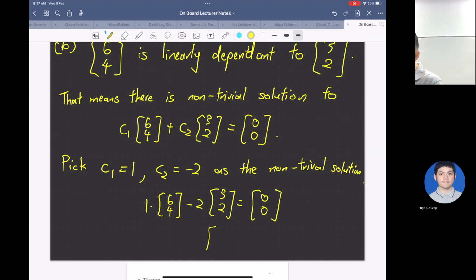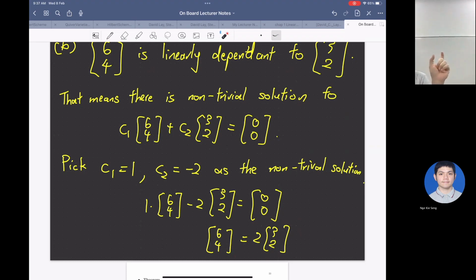And then (6, 4) is equal to 2 times (3, 2). So there's a non-trivial relation here. You can write one vector in terms of other vectors. That's why the equation is set equal to 0. The relation is just a scalar multiple and a vector addition between the vectors.